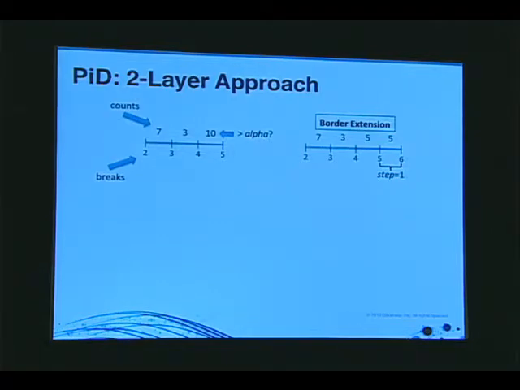What also can happen is that the frequency value in one bin in the middle somewhere exceeds the threshold. In that case, we have a split in the middle, and here we do kind of the same thing. We split the bin in half and also divide the count in half. So this is the first layer in this approach.